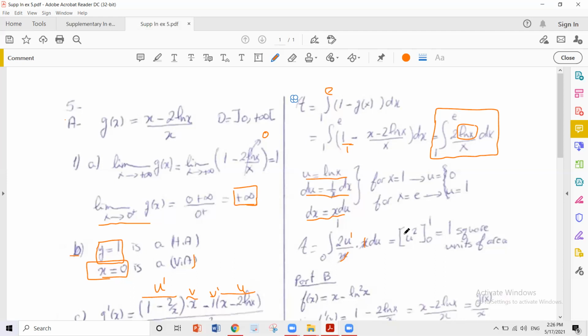The integral of 2u is 2u squared over 2. The 2 and 2 simplify. We replace u by 1: 1 minus 0 equals 1 square unit of area.